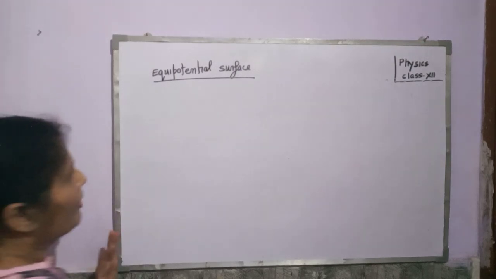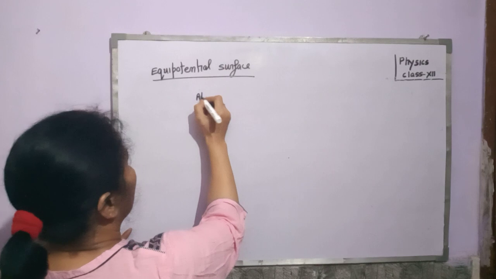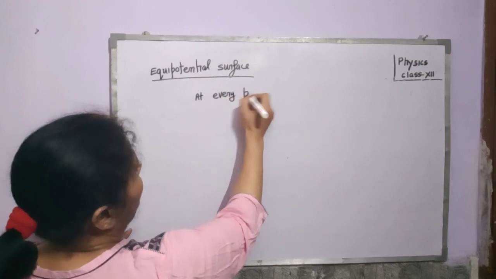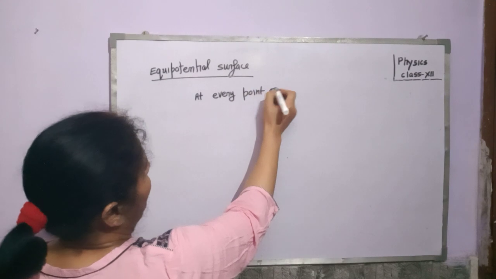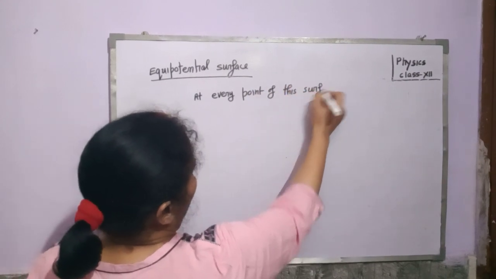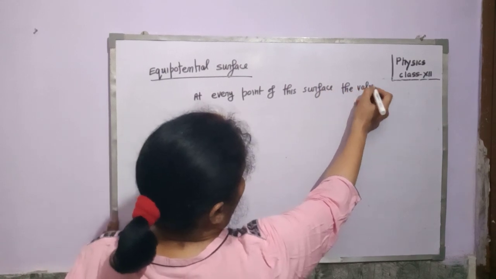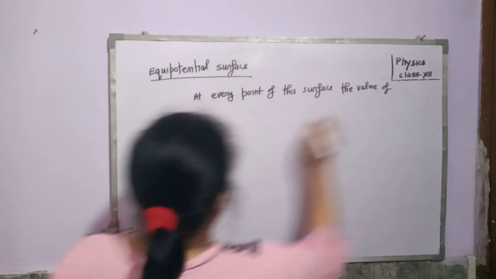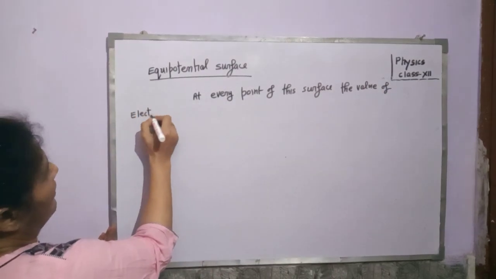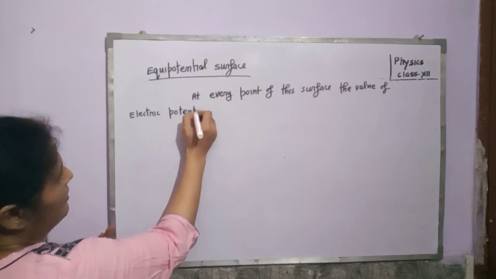In short, I am writing here at every point of this surface, the value of potential, electric potential, is the same.